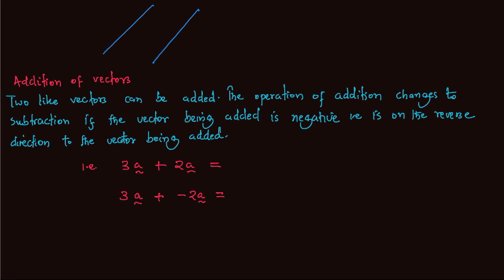Given two lines, same magnitude, same direction, then vector A is equivalent to vector B. And we write, so vector A is equivalent to vector B, written vector A is equal to vector B.